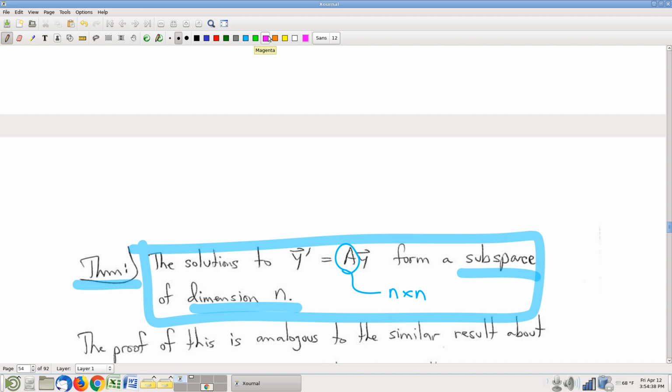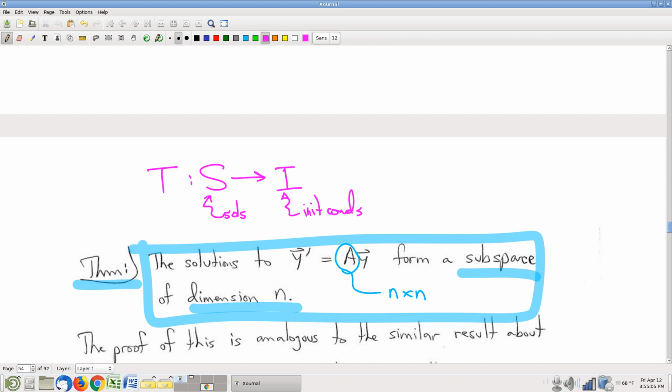Here's the big idea. We're going to define a linear transformation from the vector space of solutions into the vector space of initial conditions, just like we did back in Chapter 5, I guess it was.